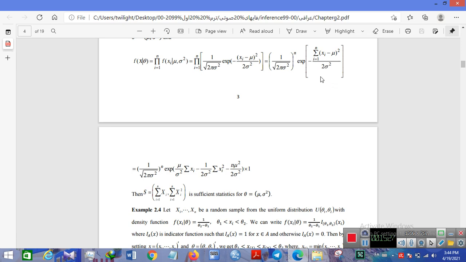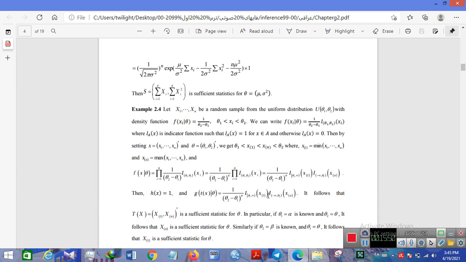We can write this part by that, and S equals the summation of xi and the summation of xi squared is a sufficient statistic for theta.